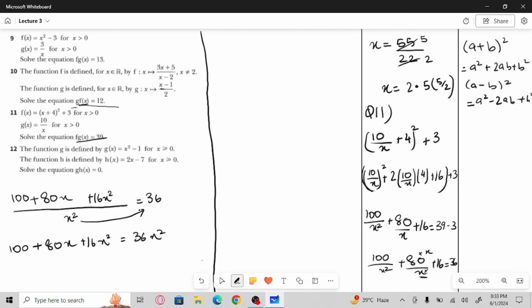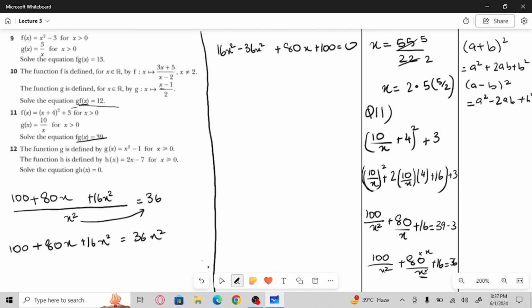And now what we'll do is factorize it, so that it's going to be easier. And before we factorize it, I think it's better to rearrange: 16x squared minus 36x squared plus 80x plus 100 is equal to 0.